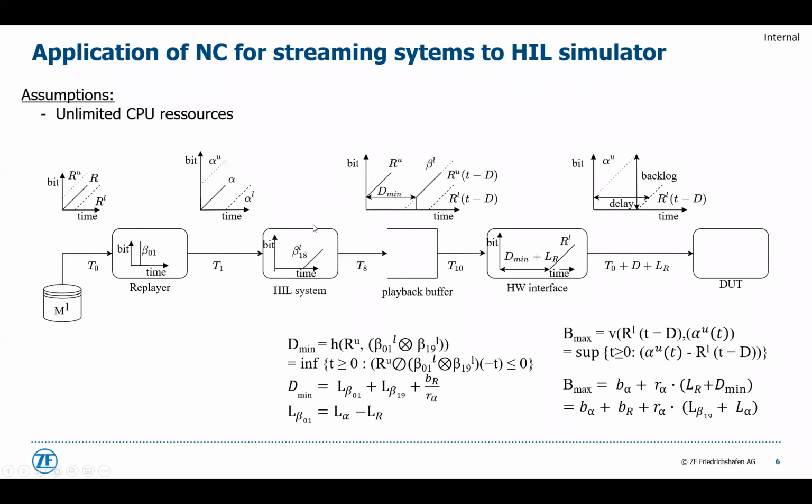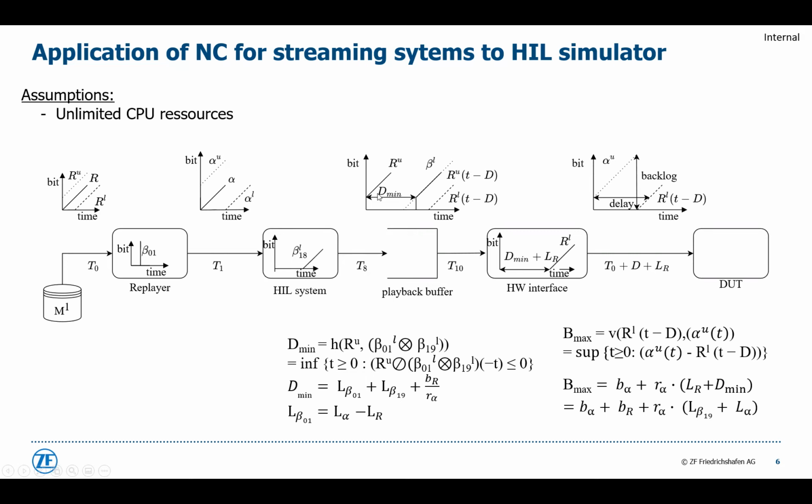Then the data goes through the system as the processes I showed in the slide before, and for every process we generate a rate latency curve with the measurements, and with concatenation we get the overall system service curve, and the output then goes to the playback buffer.